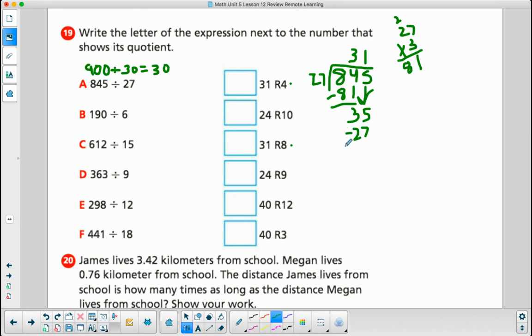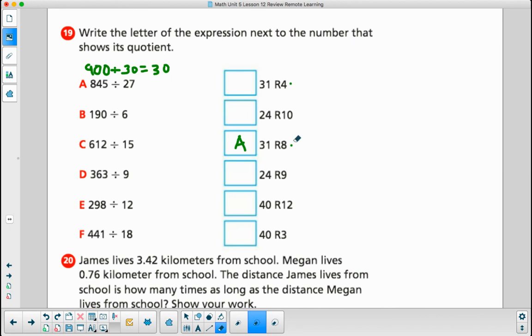And I know 3 more makes 30, 5 more makes 8. So it's 31, remainder 8. So this one ends up being A. Okay, let's see. Get rid of this. And you can rewatch the video if you have any questions on that one.